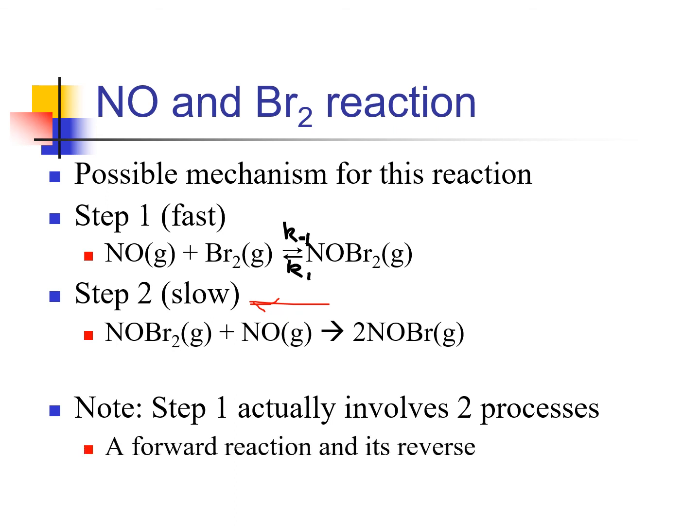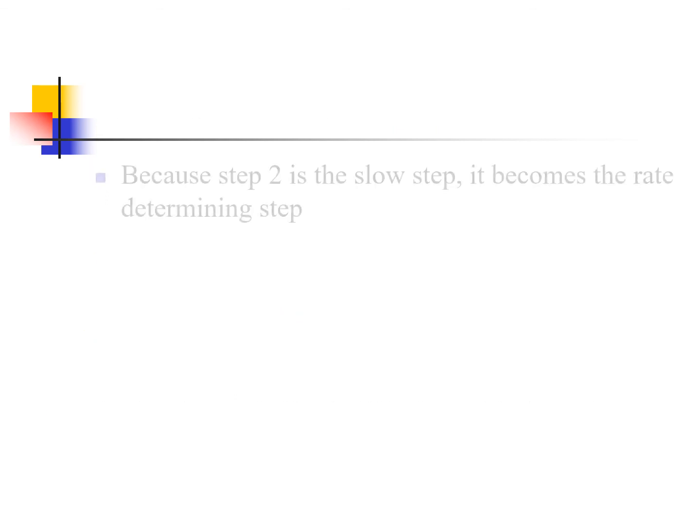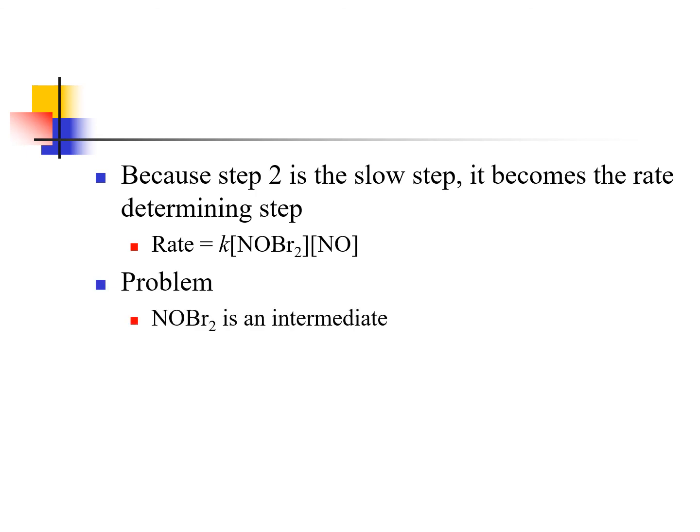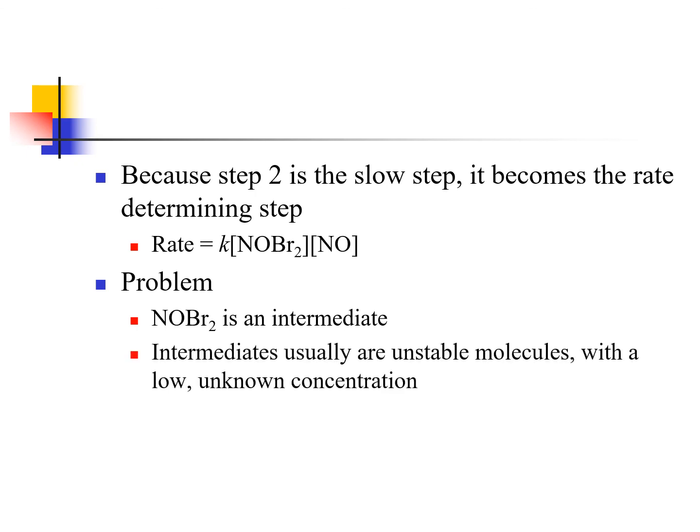I talk about the forward and reverse, it's an equilibrium. Because step 2 is the slow step, it is the rate determining step, so that's what the rate law should be for. Problem, NOBr2 is an intermediate. We cannot use it in our rate law, so I got to get rid of it.